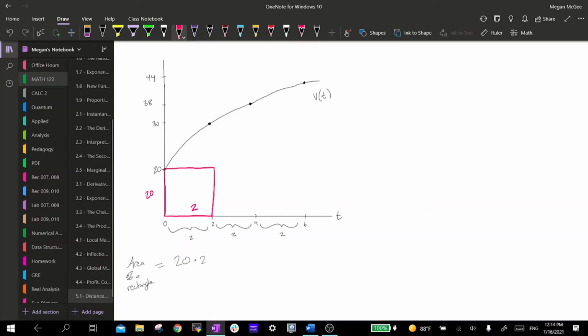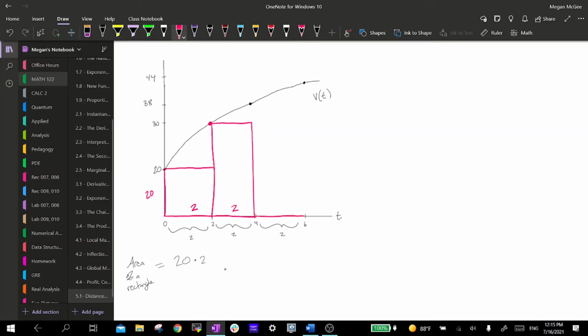Let's look at our second data point. We know again we have the same length on our bottom, so we have the length 2, but this time for our underestimate, we chose to look at 30. Not drawing these perfectly, let's see. Here we go, it's a little better.